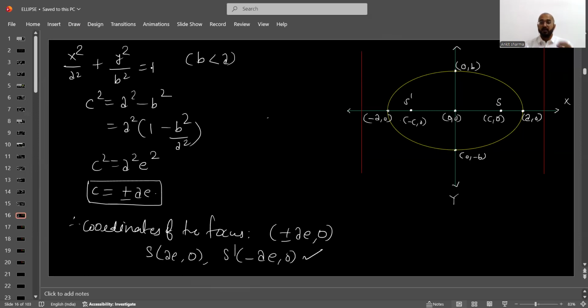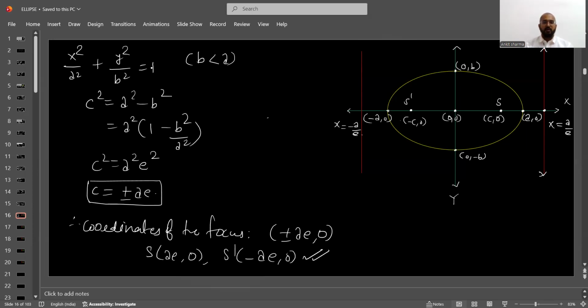Now this right here is going to be the directrix for the ellipse. The directrix is x is equal to a over e, and the other directrix is x is equal to minus a over e. Now we have two directrices: x is equal to a over e corresponding to this focus, and minus a over e corresponding to the other focus.